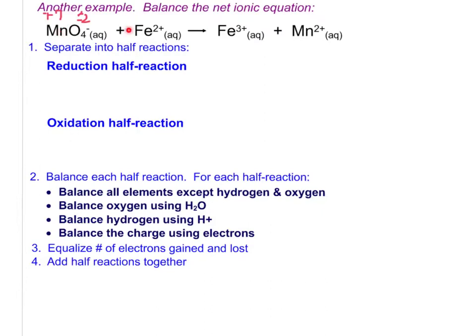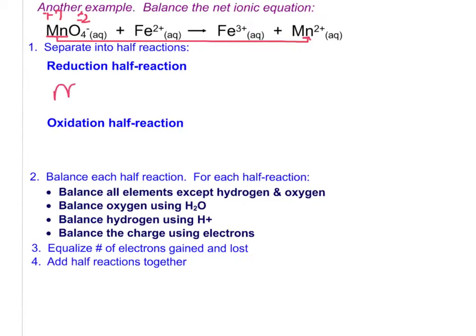The iron right here we know is +2. Over here, iron is +3 for its oxidation state, and manganese is +2. So let's look at that manganese when it's going from a +7 to a +2 oxidation state. It is gaining electrons. That means the manganese is being reduced.